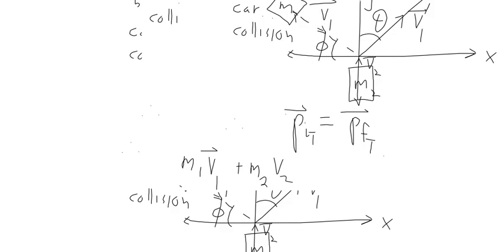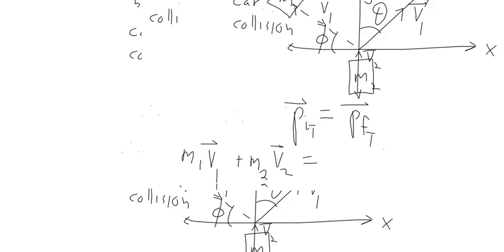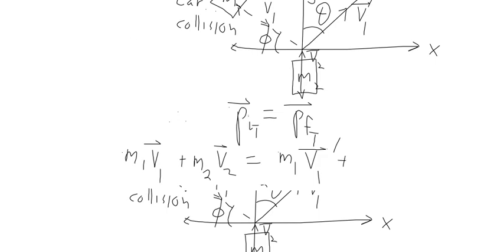So this is the sum of the momenta before the two cars collide, and this is equivalent to mass m1 v1 prime, where prime will denote after. So after the collision, what happens to object one's velocity? Plus mass m2 v2 prime. Okay, that's normally what we need to do here.